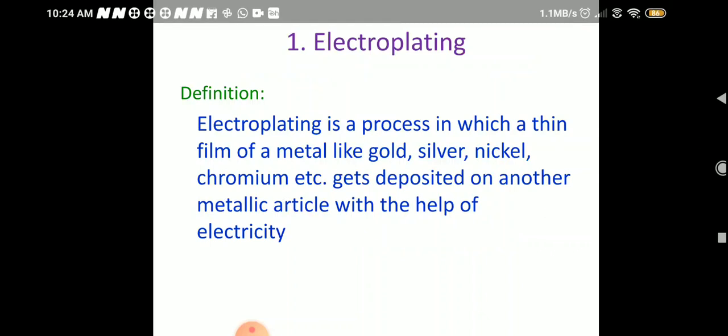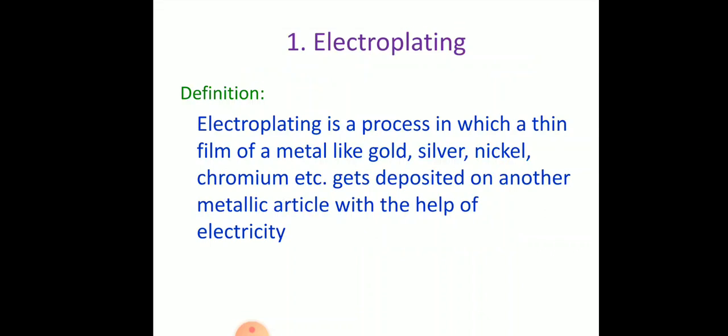Electroplating is a process in which a thin film of a metal like gold, silver, nickel, chromium, etc. gets deposited on another metallic article with the help of electricity.